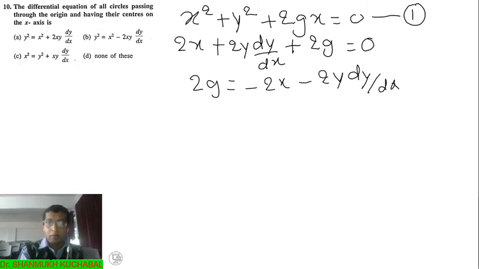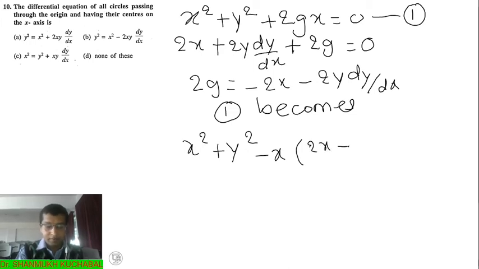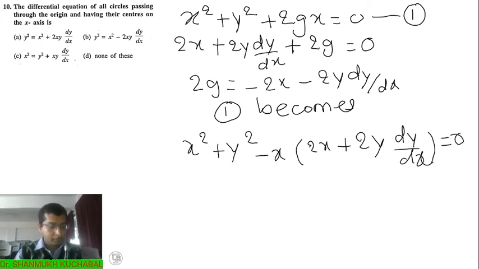Now in equation 1 we have to substitute the value for 2g. So we get x square plus y square, then minus x times (2x plus 2y dy by dx) equal to 0.